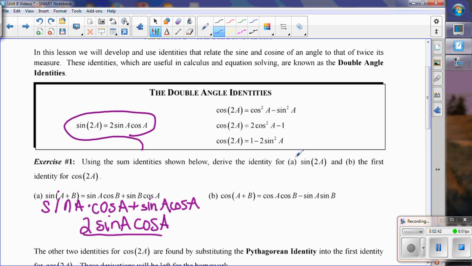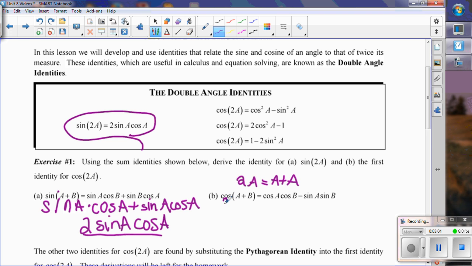Now over here, with cosine, we have cosine A plus B equals cosine A cosine B minus sine A sine B. When you're doing 2A, that's really the same as saying A plus A. I didn't emphasize that in the first one, but I'm going to show you that now. If you want to pause and give it a whirl, I'm going to just proceed.